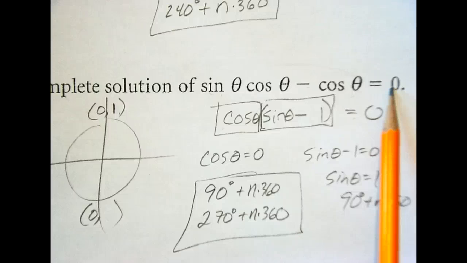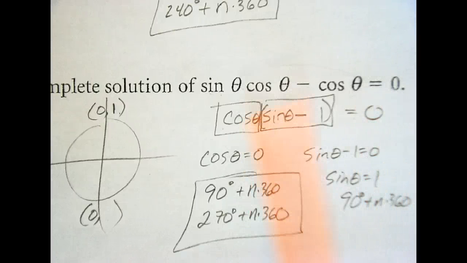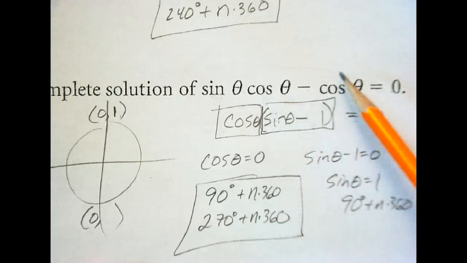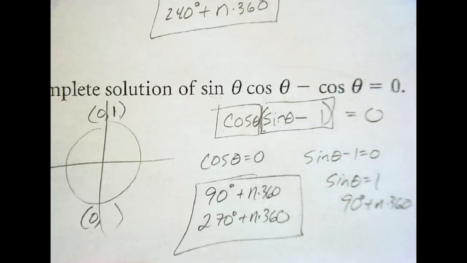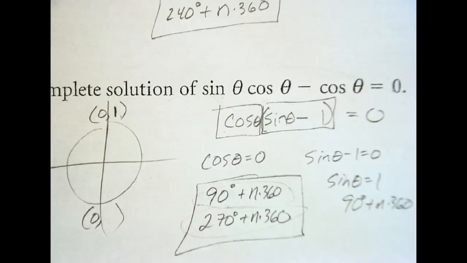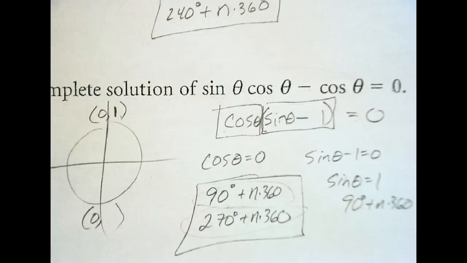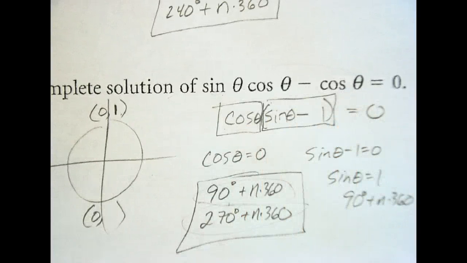If you add cosine to both sides and then you divide by cosine, then you get sine equals 1. So you would lose this answer right here. You would eliminate one of your functions by doing that. We don't want to do that. So factor it out instead.